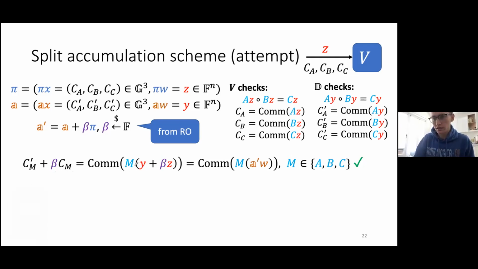Well, this is A times Y plus beta Y. And this is exactly equal to A times the linear combination of Y plus beta Z. So this is exactly what we get here. So this here is equal to Y plus beta Z.